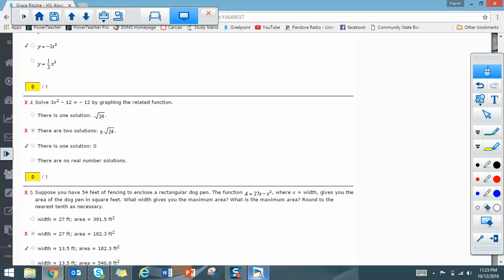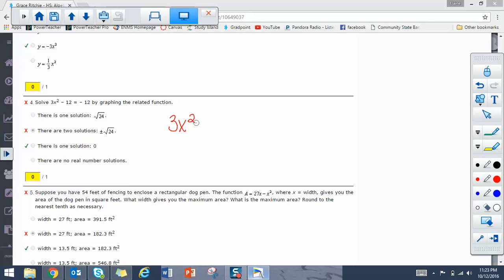Number 4 asks to solve by graphing the related function. So if we graph this, you're going to need some graph paper, but first I would add 12 to both sides. So we get 3x squared if I add 12 and add 12. 3x squared equals 0.